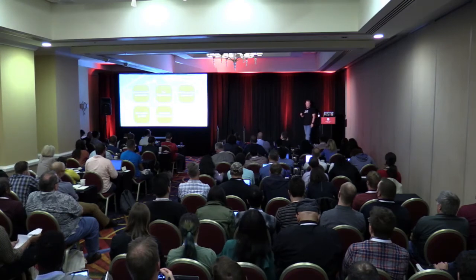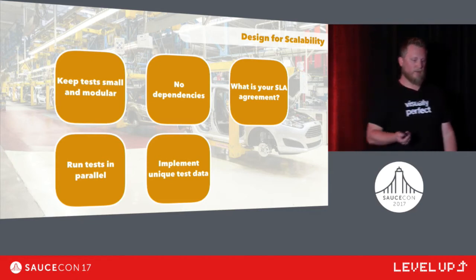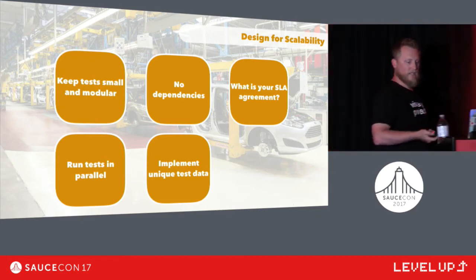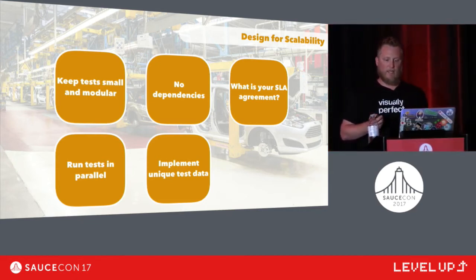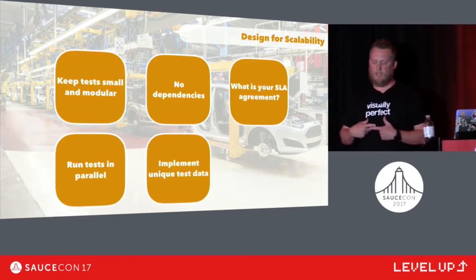I think Titus hit this one a little bit ago around test data. I think it's really important to make sure you're always implementing unique test data. Because if you're not creating unique test data, you're going to have data collisions.